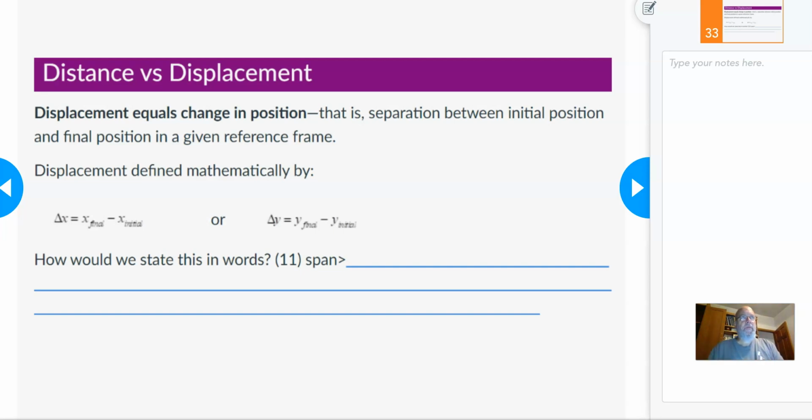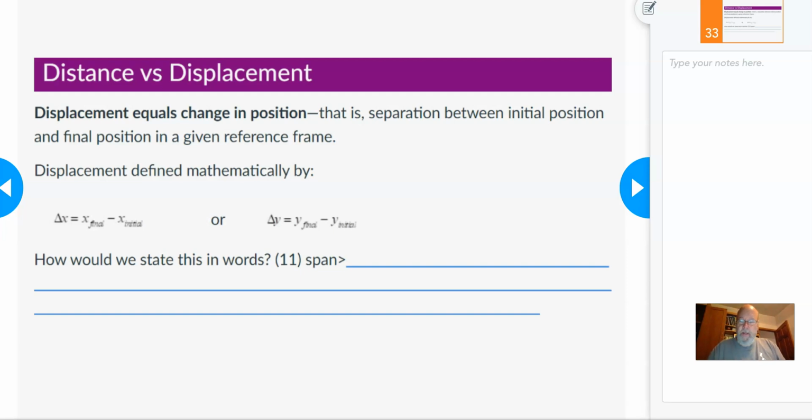I went from my initial position to my final position. I would need to find out what the change in position is. And that change in position is simply the value of the final position minus the initial position.